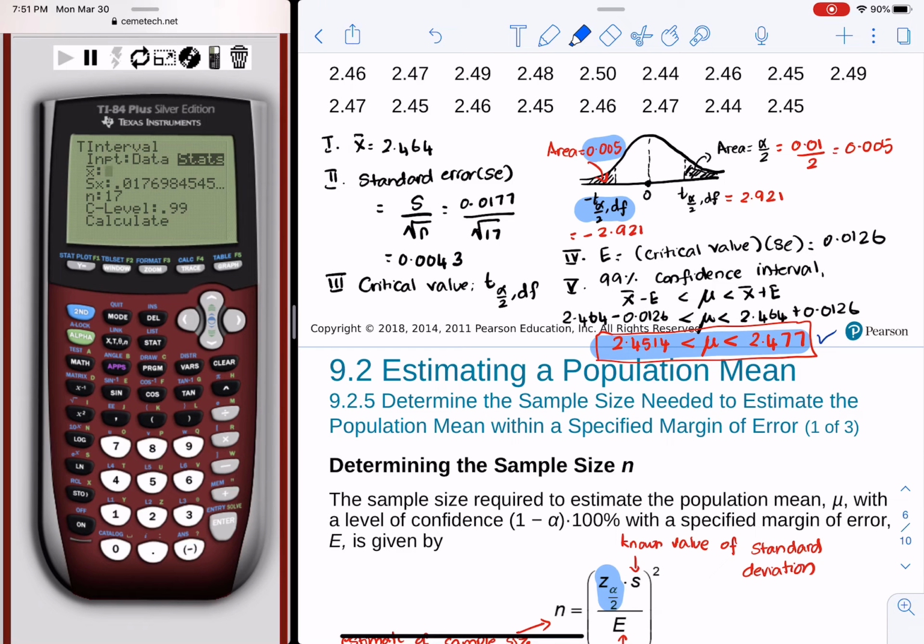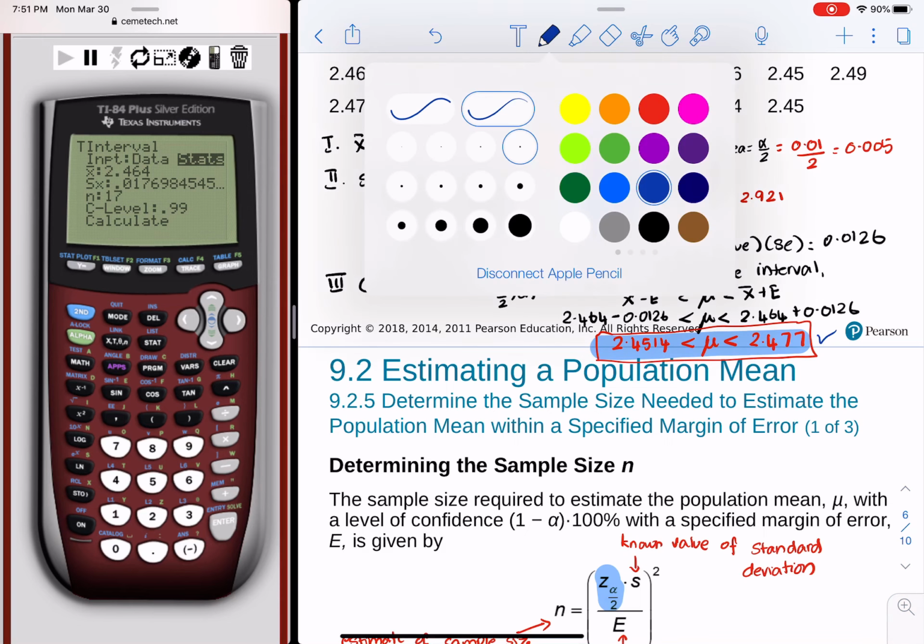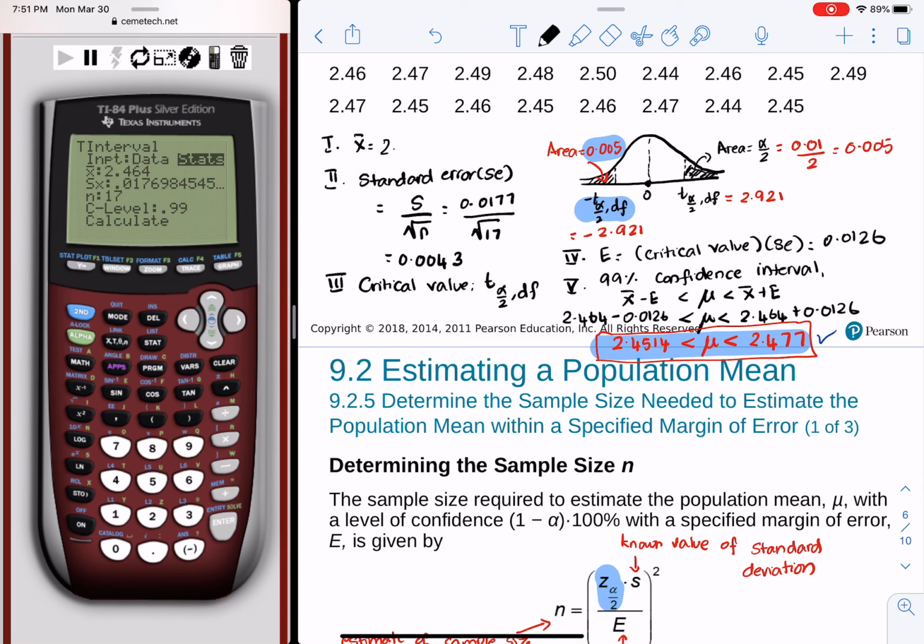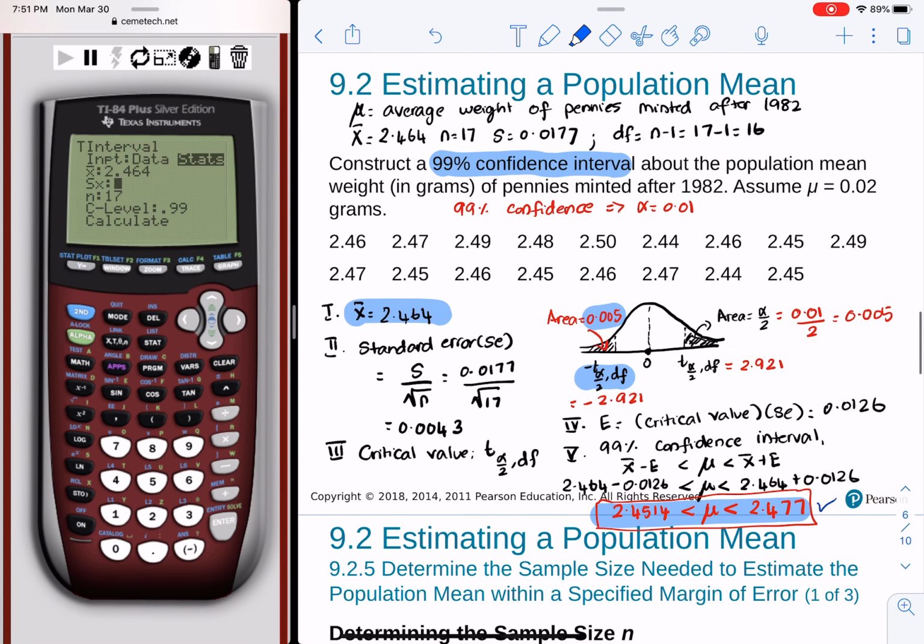So the mean that we rounded is 2.464, which is right here. And the standard deviation that we rounded, and we found that value as 0.0177.